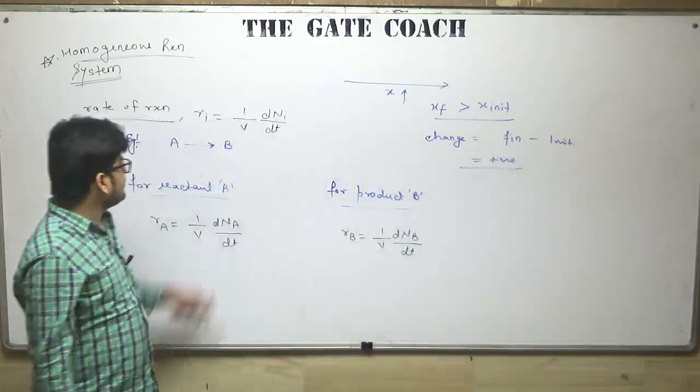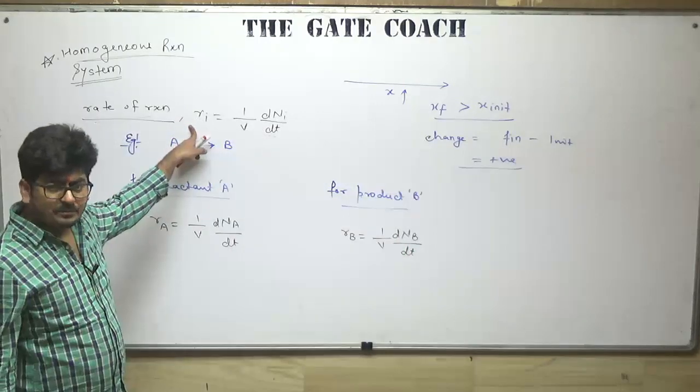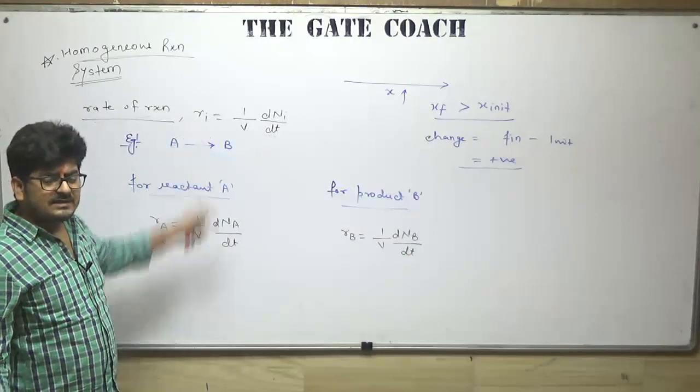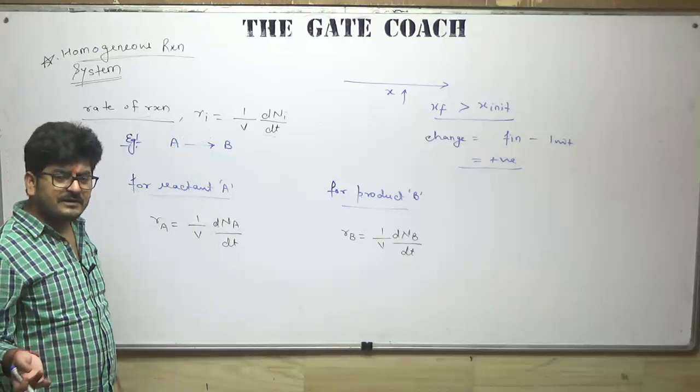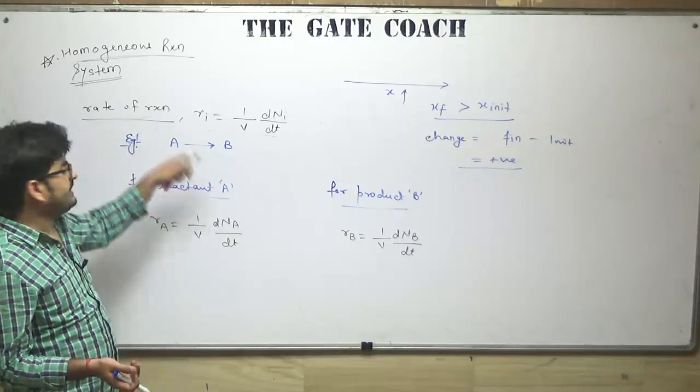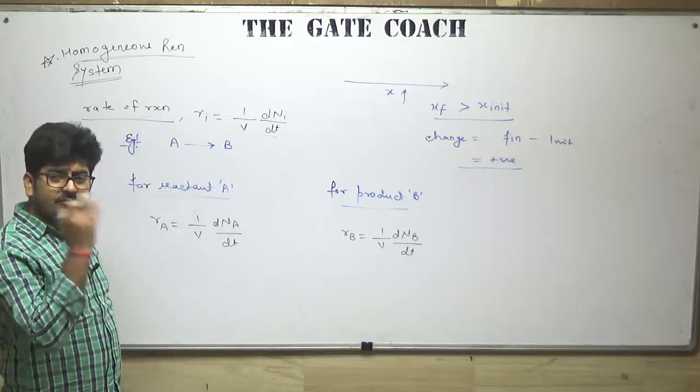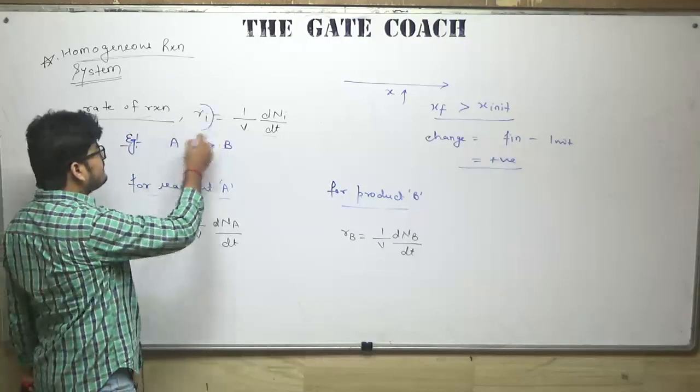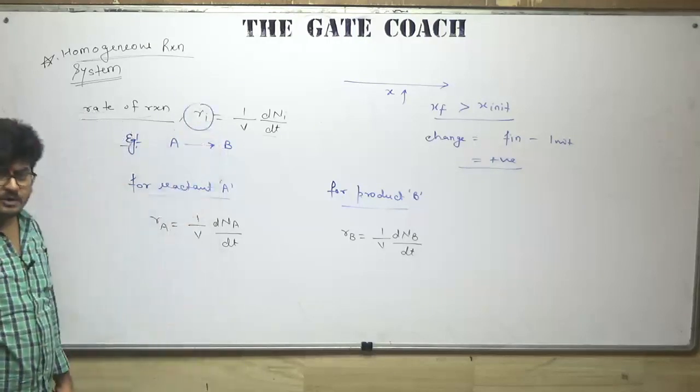Similarly, if I talk about the rate of any process, either it is rate of distillation, rate of sedimentation, rate of heat transfer, or rate of reaction, we are moving in forward direction. So this rate should also be a positive quantity.